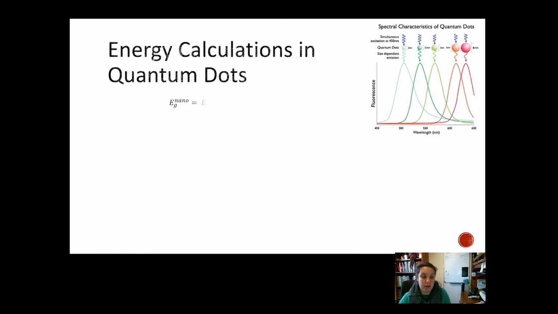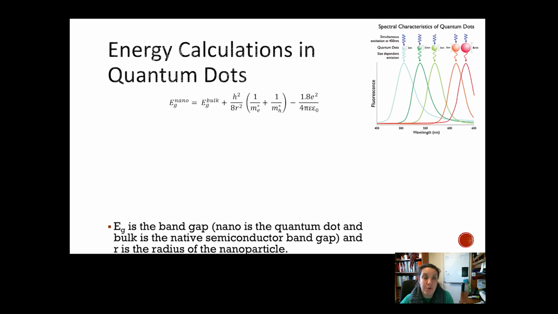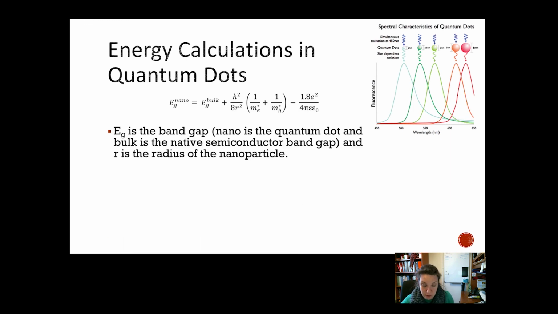The nanomaterial band gap, Eg, is related to the bulk band gap, Eg bulk. They would be equal to each other if we did not have this crazy term over here. So what happens is as we increase our radius, we're going to decrease this term.